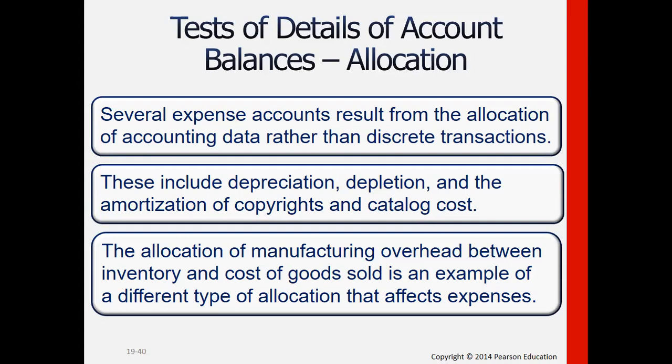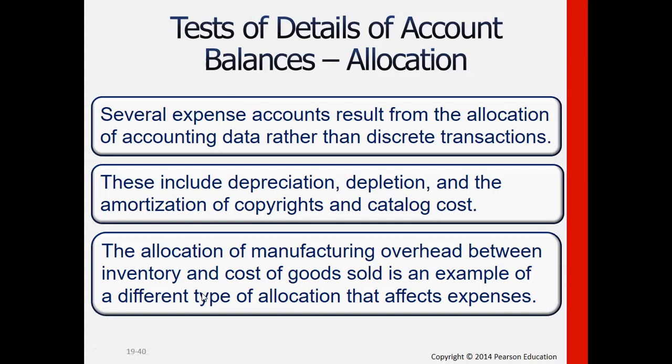An example would be the cost of PPE items. The depreciation expense would be coming from the allocation of such under the systematic and rational allocation approach for expense recognition. Depletion for the wasting assets or mineral resources, and amortization for the intangible assets. So the expense accounts come actually from the assets and are allocated.